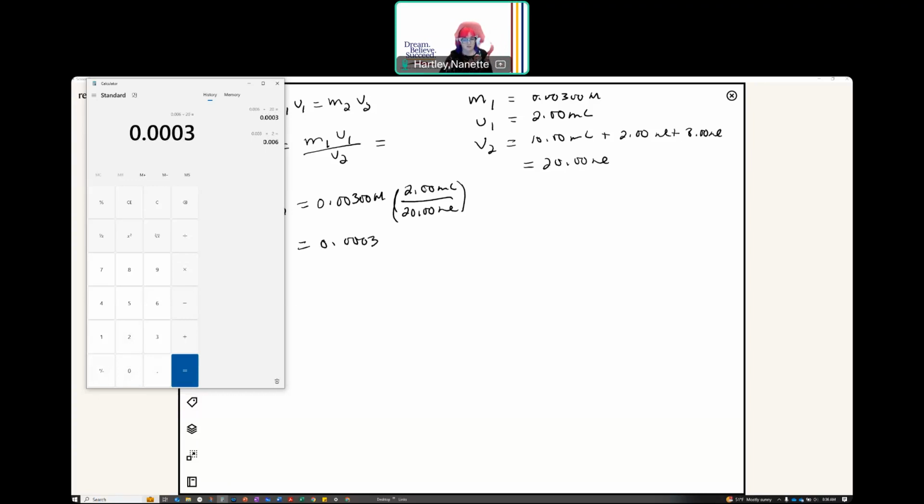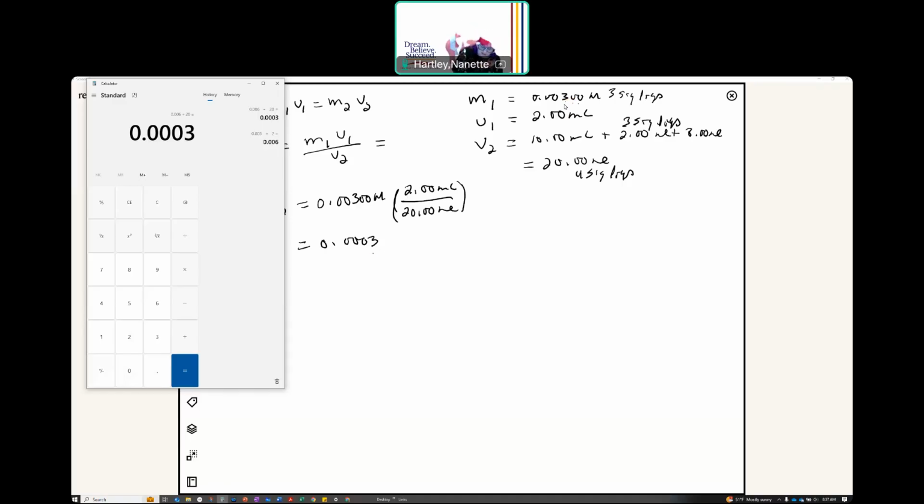This particular number here has 3 sig figs. So the 2.0 has 3, this has 4, and this right here has 1, 2, 3. So my answer should have 3 sig figs.